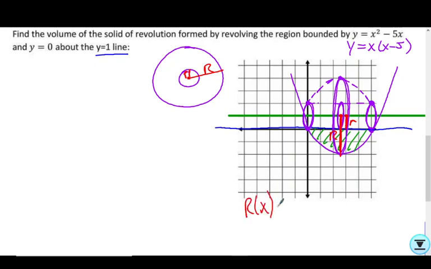So my big radius is going to be still the function on top minus the function on bottom. My top function in this case is 1 minus my bottom function, which is x squared minus 5x.